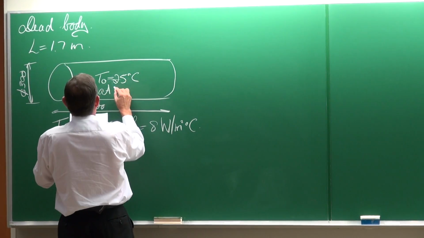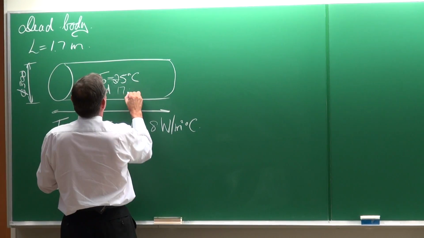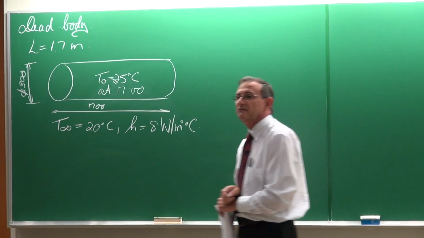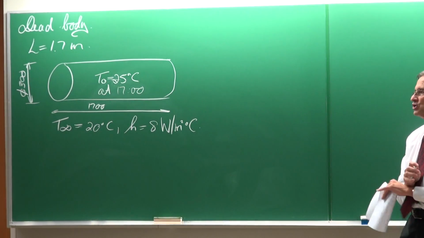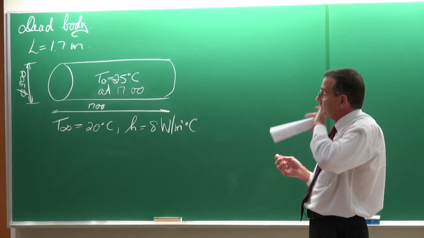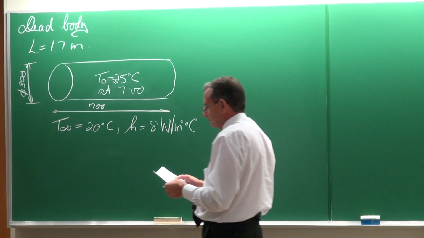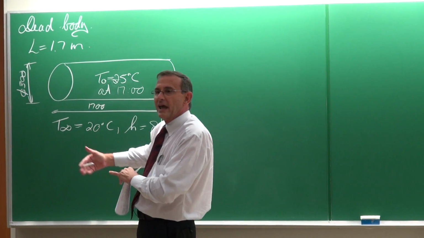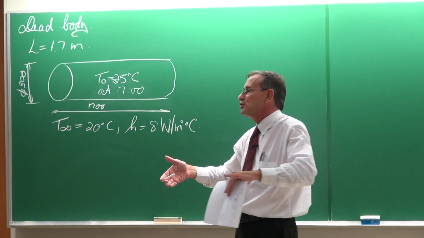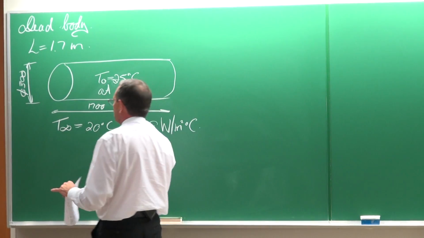And that was at 1700 hours. So at 1700 hours, they measured the temperature of the dead body, and it was 25 degrees Celsius. So the question is, how many hours ago did the person pass away, or was he or she killed?